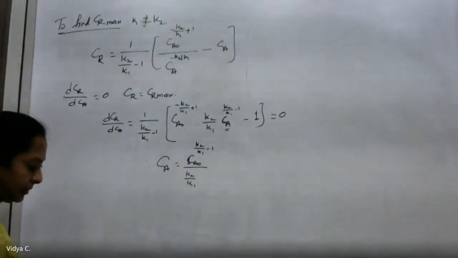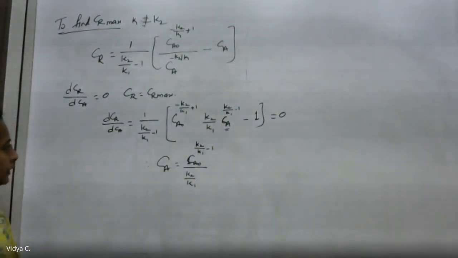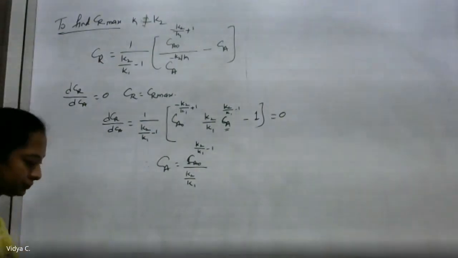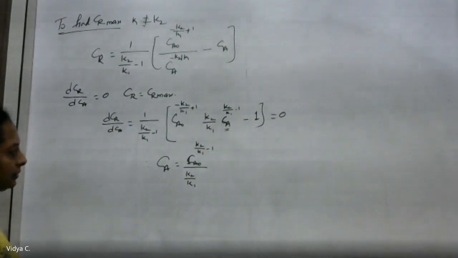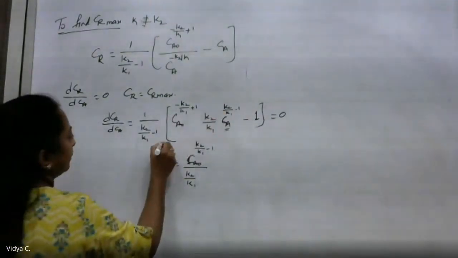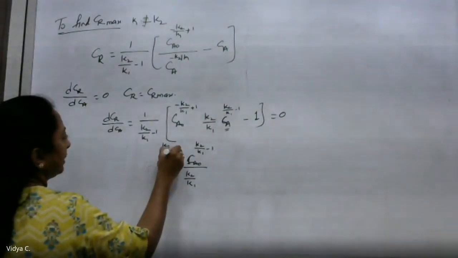Am I correct in writing? Did I miss anything? CA to the power of K2 by K1 minus 1 is there.